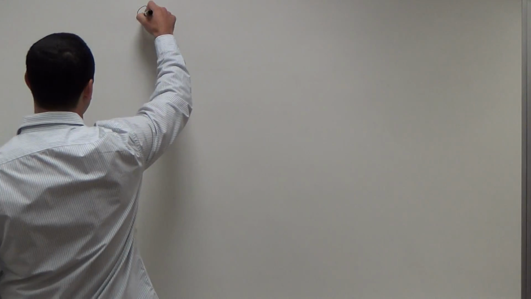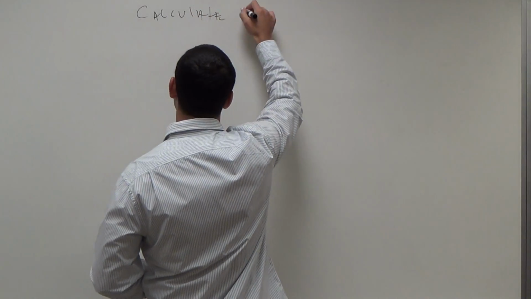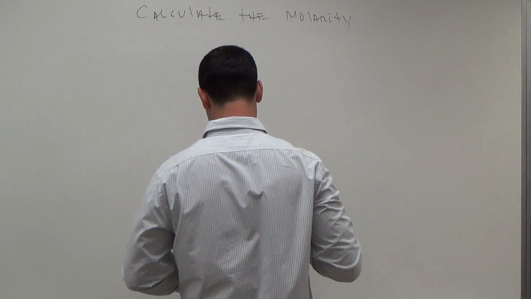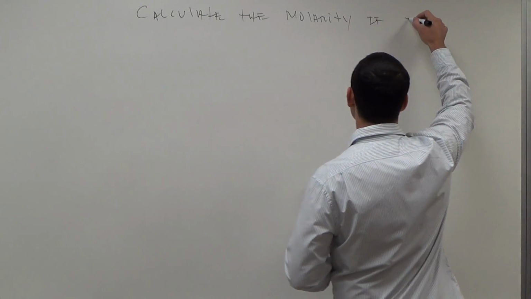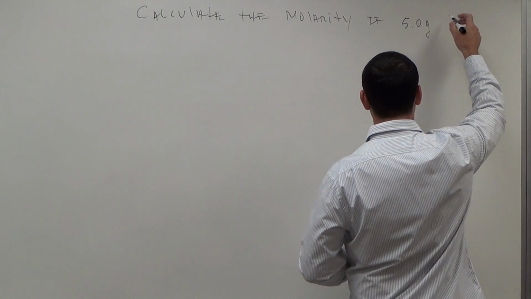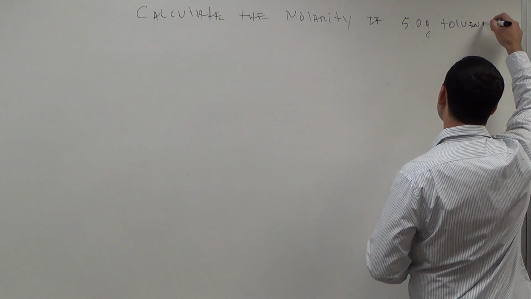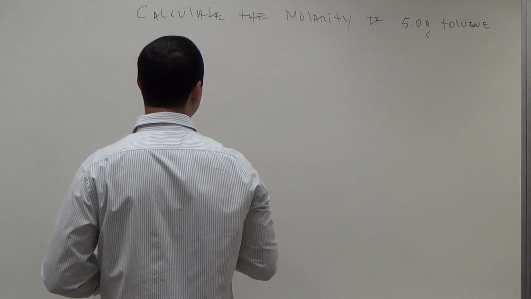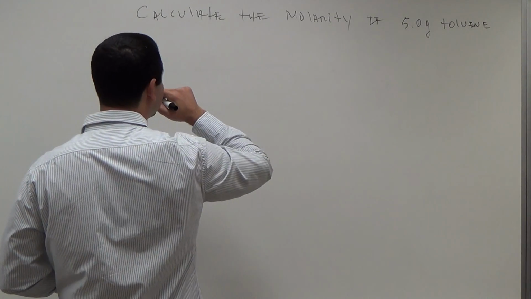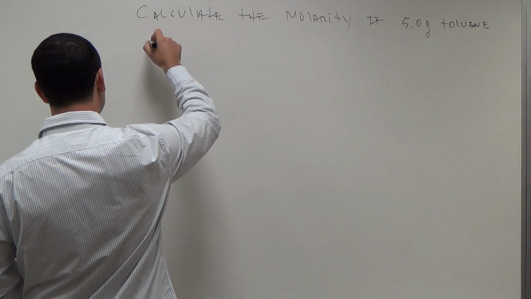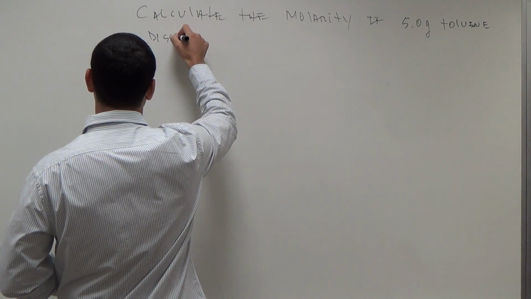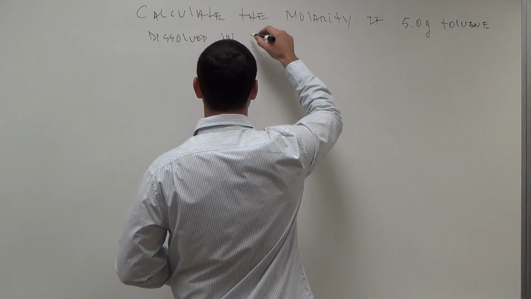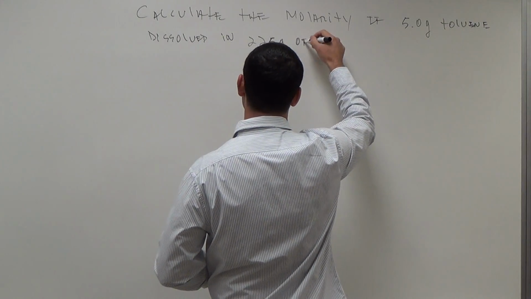This one is calculate the molarity. 0.5 grams of toluene dissolved in 225 grams of benzene.